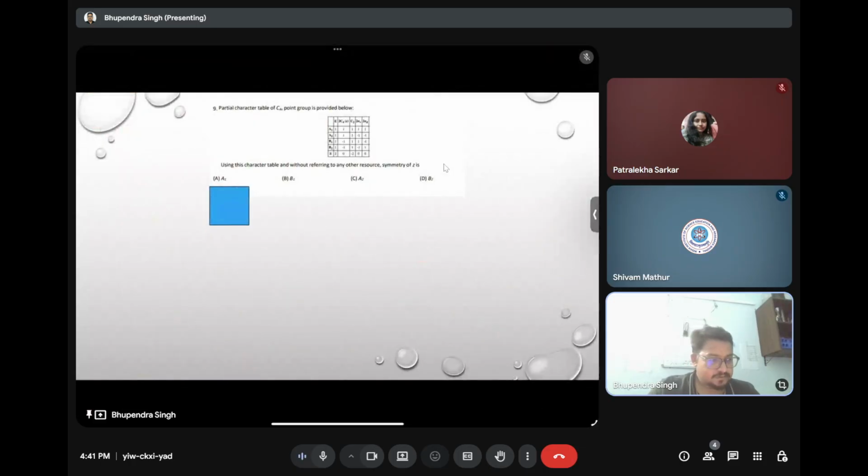Okay, so the next question is: a partial character table of the C4v point group is provided below. So here they have provided the character table.